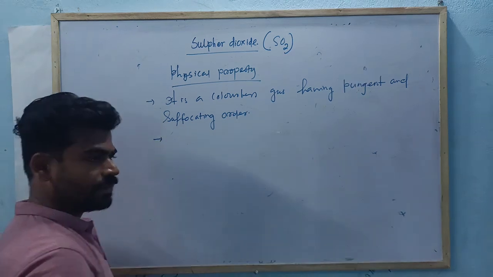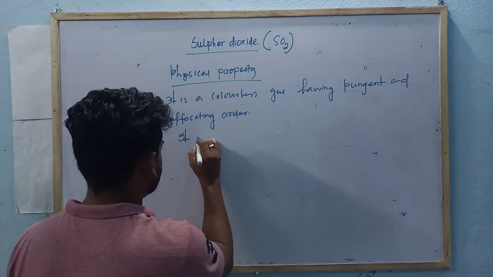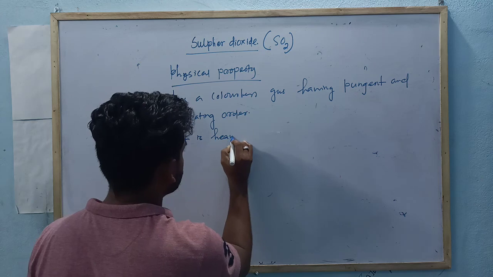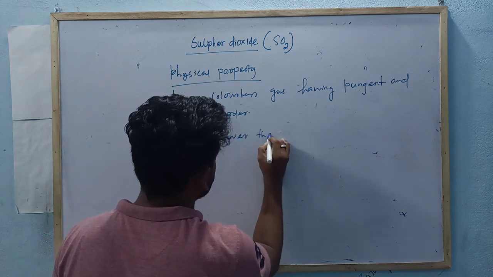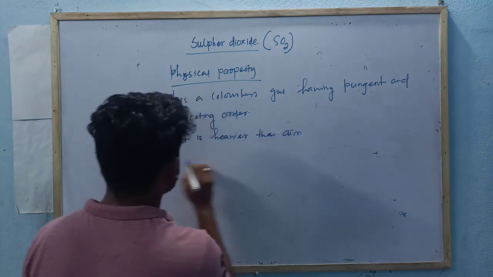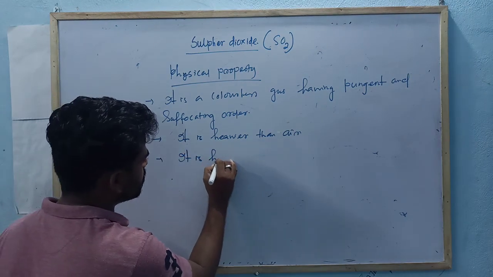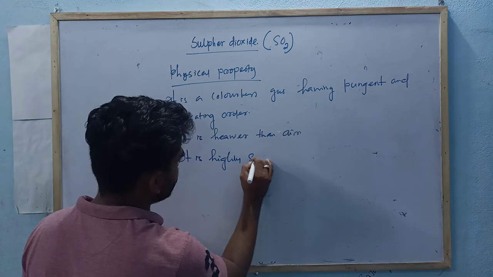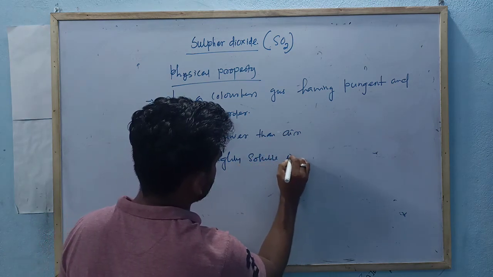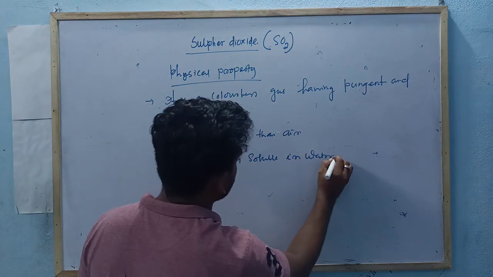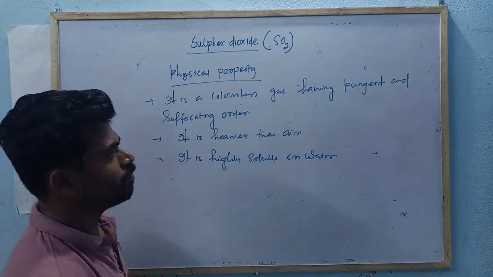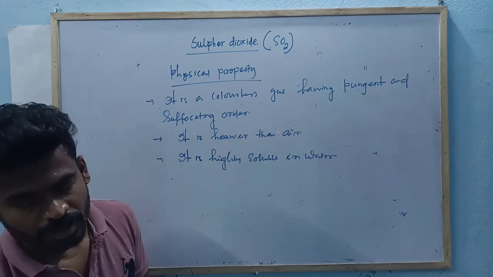Next, it is heavier than air. Next, it is highly soluble in water. So these are a few physical properties of sulfur dioxide.